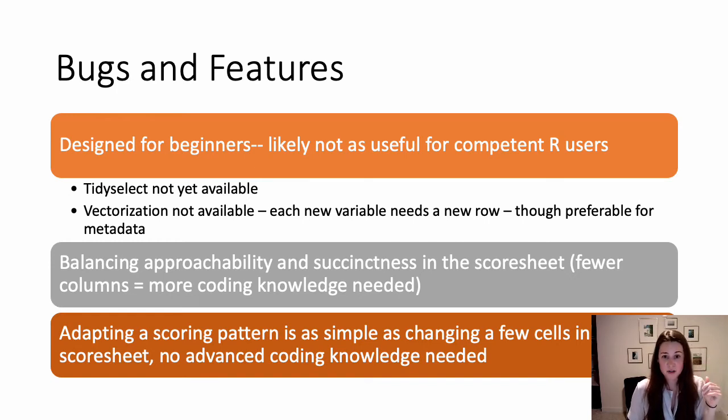If their raw variables are named a little different, that kind of thing, all they have to do is update a few things in a couple of columns, and it should be good to go. It should make, honestly, our field's life a lot easier if everyone is sharing their coding, and it makes it easier to transmit knowledge across our field.